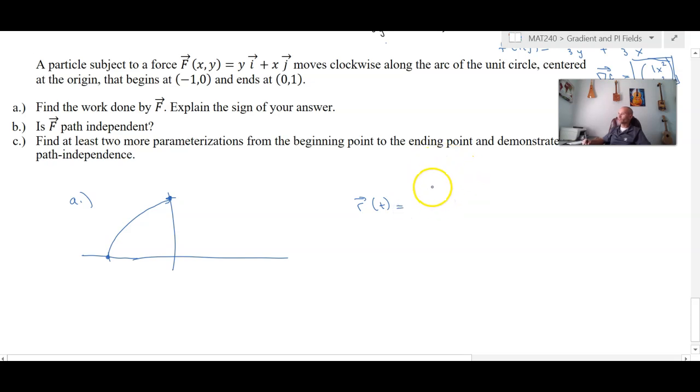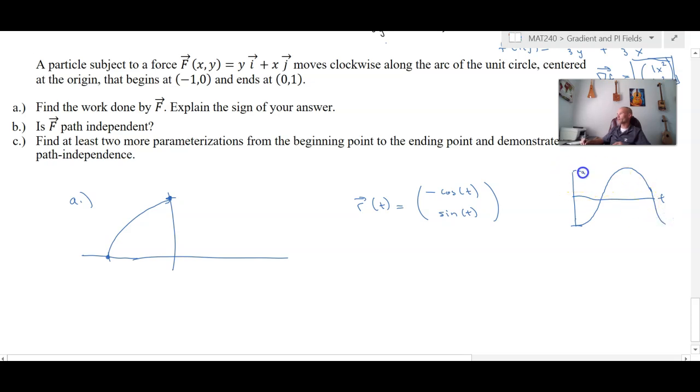So let me think about what's going to start my x component at -1. Let me think about negative cosine of t. And for my y component, I'm going to think about sine of t. The reason is that cosine will start at 1 and go down to 0, but negative cosine will start at -1 and go up to 0, and then up to +1, and then down back to -1.